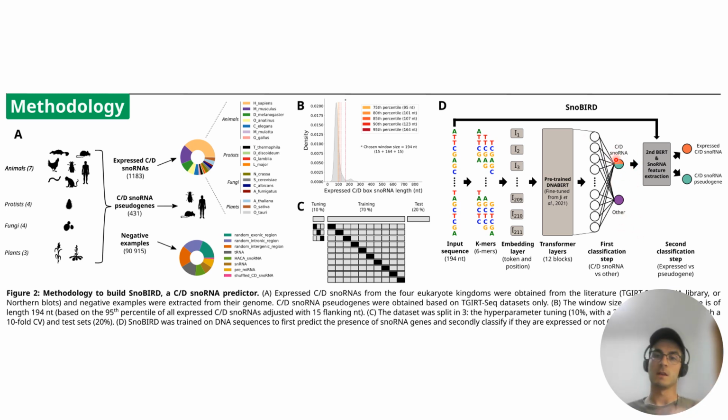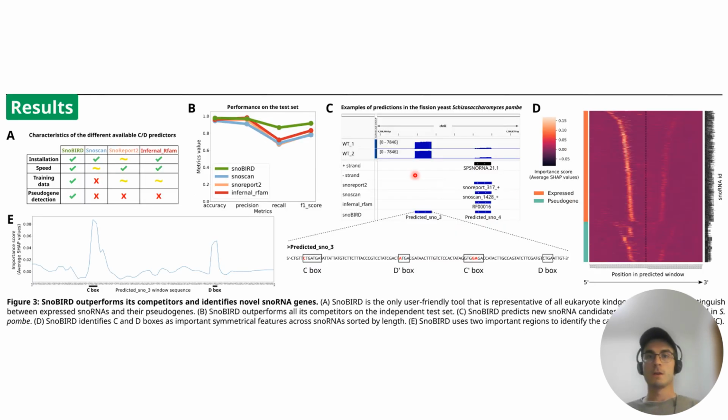If it contained a CD snoRNA gene, we then trained a second BERT model, as well as applied filters based on the snoRNA features. So the second classification step told us whether that CD snoRNA gene is expressed or a CD pseudogene.